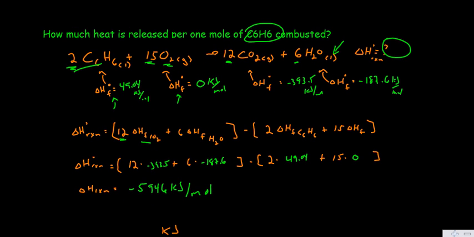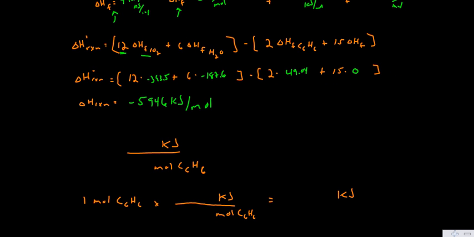You see, we're trying to get from how much heat is released when 1 mole of benzene reacts. So from moles into kilojoules of heat. So we need to build a unit conversion factor between the two. You see, when every 2 moles of C6H6 reacts, 5,946 kilojoules are released.